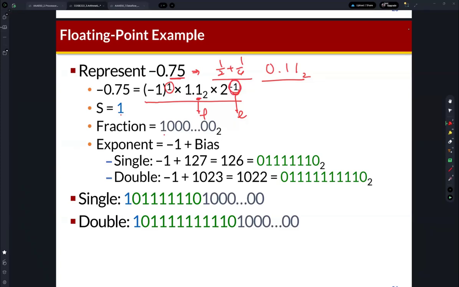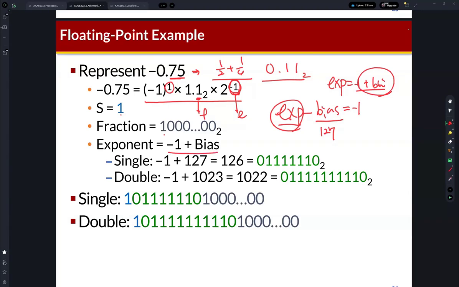And what is this exponent number? The real exponent is the exponent minus bias, which is minus 1. And what is this bias number? 127, right? So the stored exponent is minus 1 plus bias, which is 126 for the single precision floating point number.